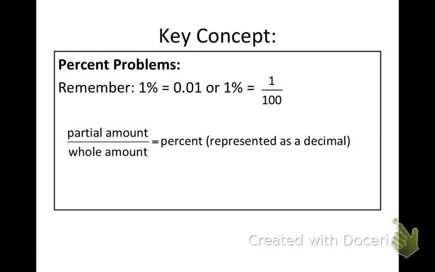But for now, we're just going to use this equation of partial amount over whole amount equals your percent. Just make sure that your percent is represented by a decimal. You might remember is over of equals percent over 100 or all of that stuff, right?